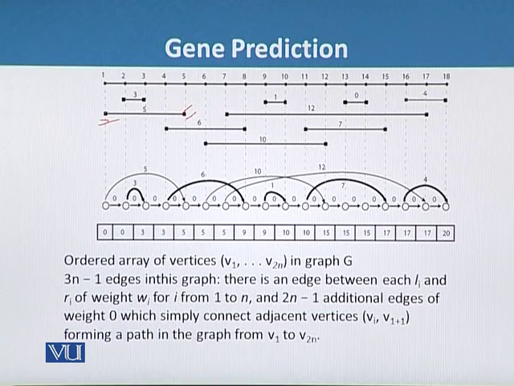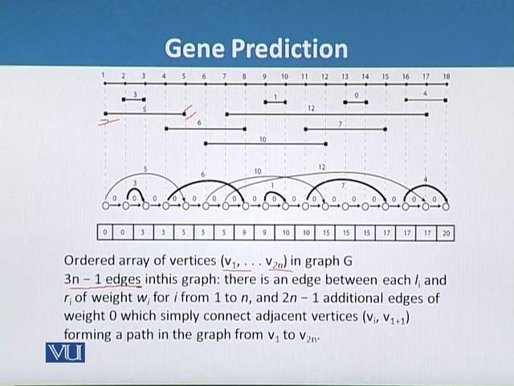In this, the vertices will be starting from V1 up to V2n in a graph that we designate as G. So there are 3n minus 1 edges in this graph.